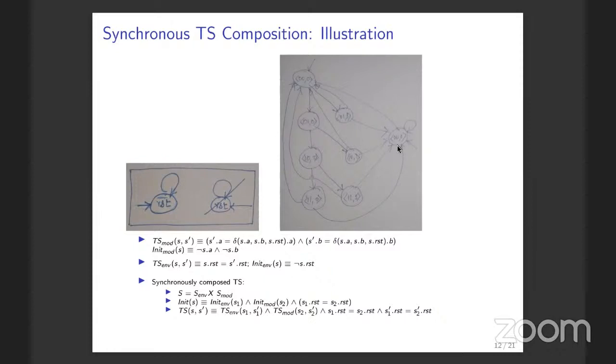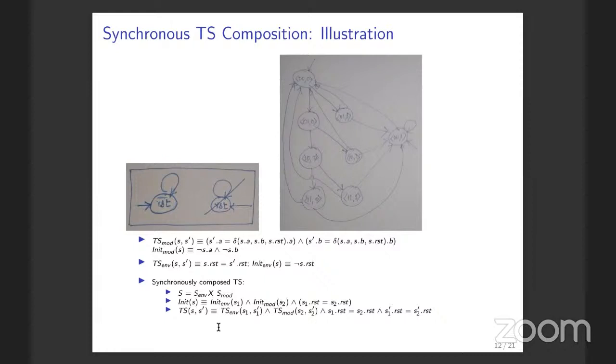The combined initial state has to be consistent with each of the initial states of the systems, whereby it is eliminating this particular initial state in the mod counter. Is that clear? I want you to be sure about that.